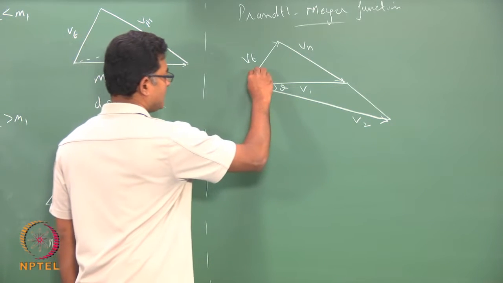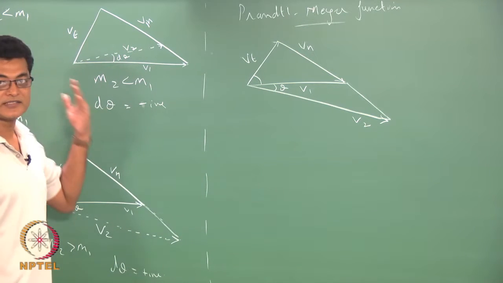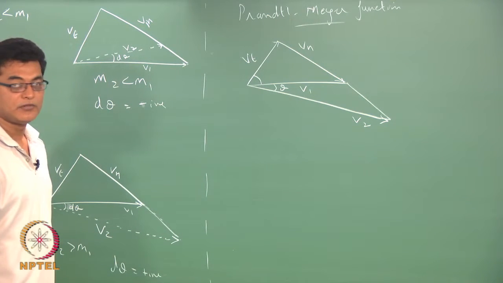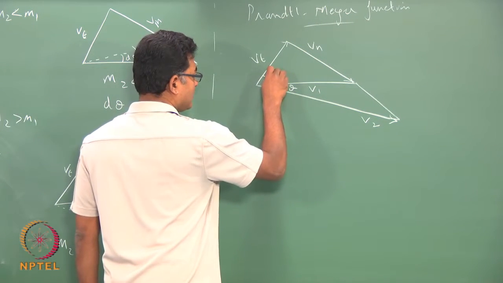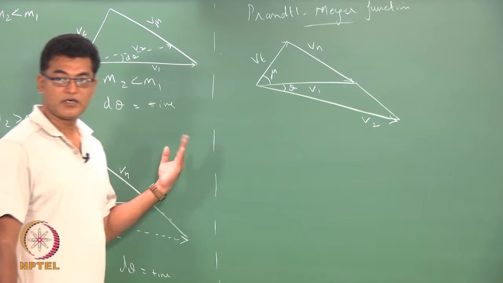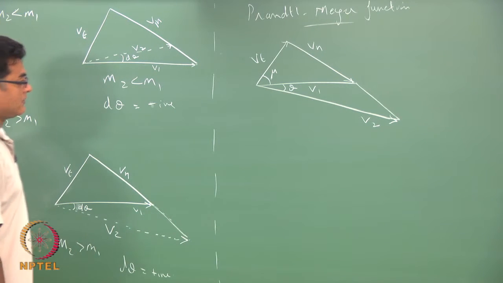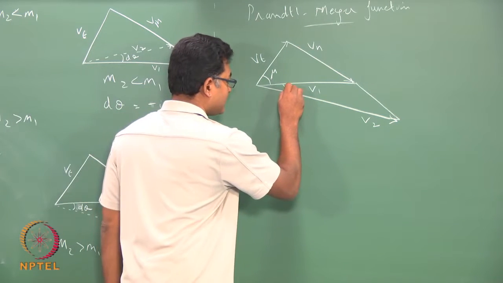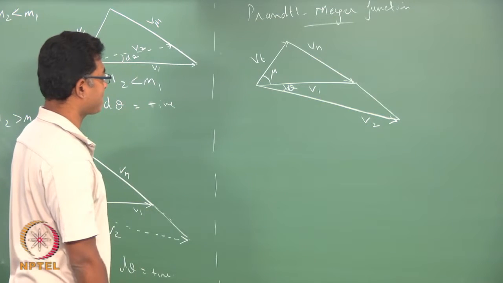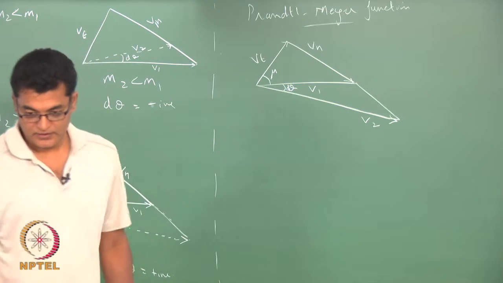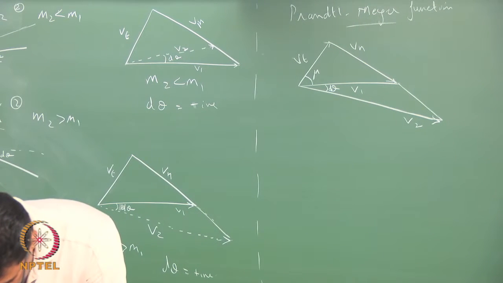This is my wave angle, or the shock angle as we had described in our oblique shock, which I call mu, because that is now our Mach angle, and this is d theta, not theta. Okay. So, let me check the notations.